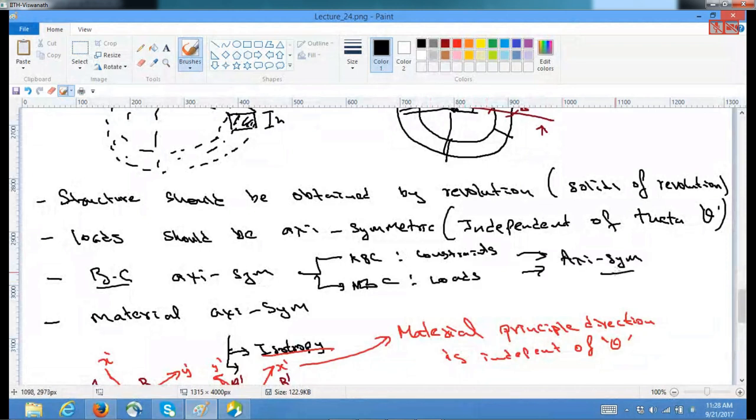Sometimes we can also handle non-axisymmetric loads, which I will explain at the end. If we have such non-axisymmetric loading, how to deal with it can also be used with this axisymmetric formulation.